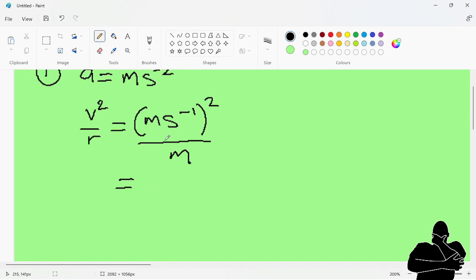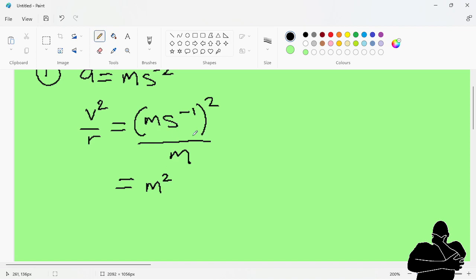When we square, we're going to take the index and multiply it by the index of the individual terms. So the index for meter, even though it's not shown, is actually 1. It's m to the 1. So 1 times 2, since we're going to multiply the index by what's outside the bracket, would be 2. So that would be the unit there for the meter in the numerator.